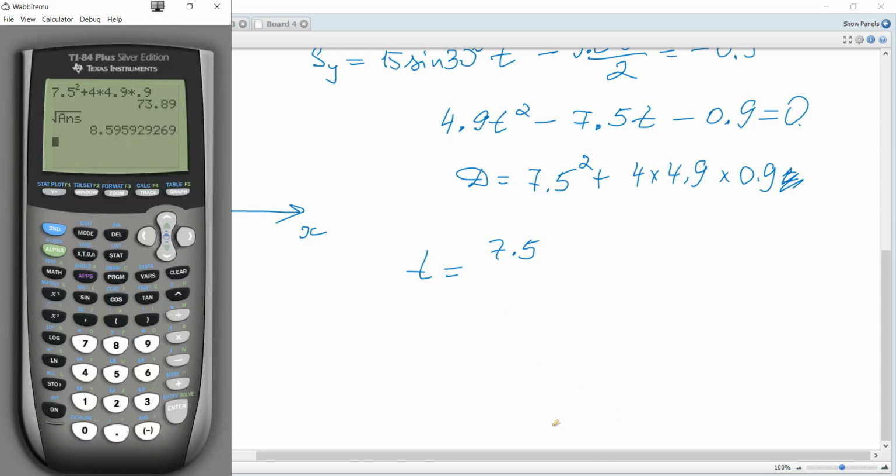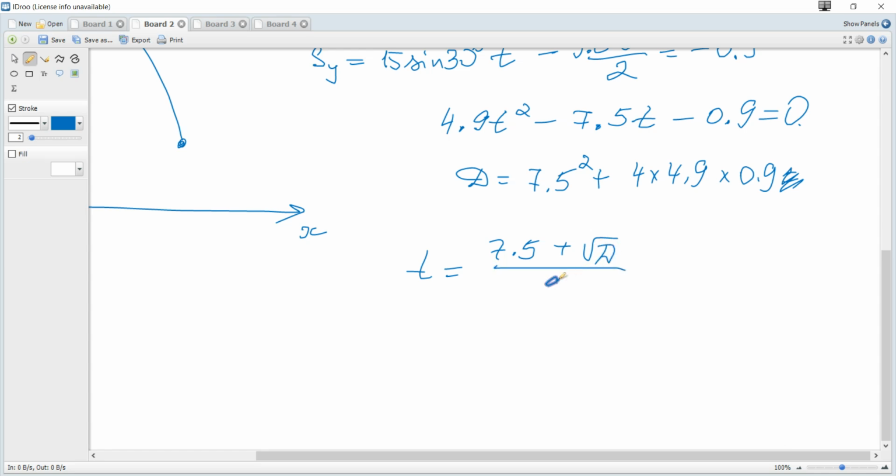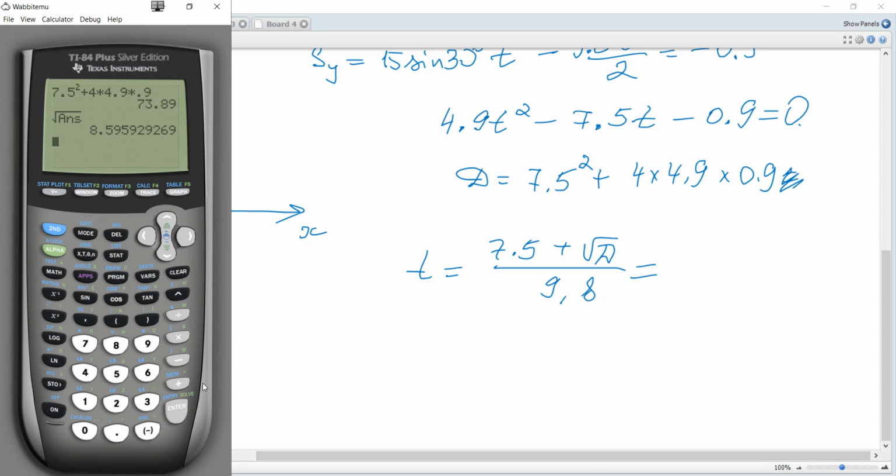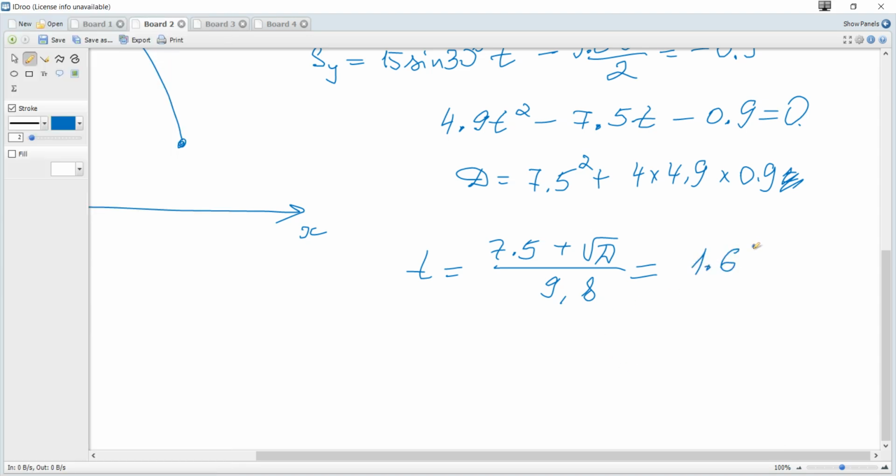And you can see that we should take plus, because if you take minus you get that time is negative, which is impossible. So plus root D over 2a, and it becomes 7.5 plus root D, divided by 9.8, so it's 1.642 and so on seconds. It's not the final answer, so I will not round it, and it's the required time of flight.